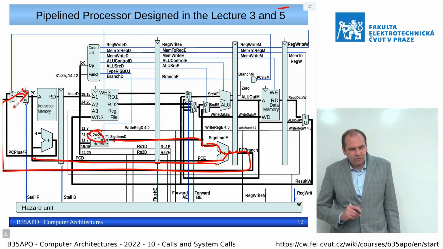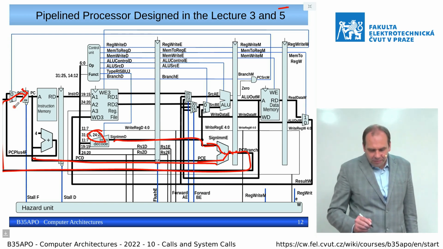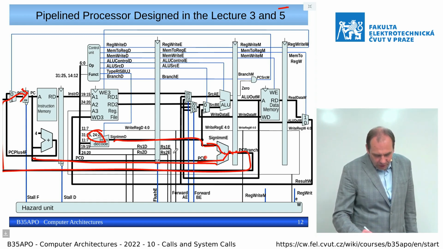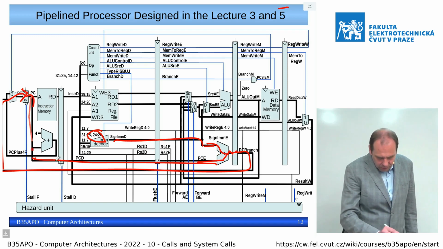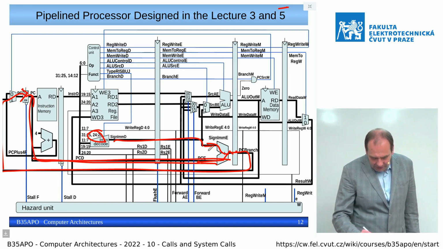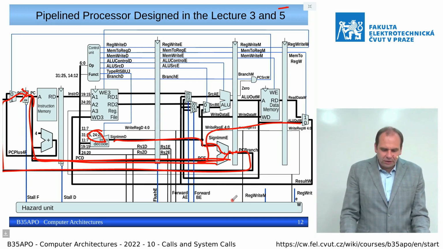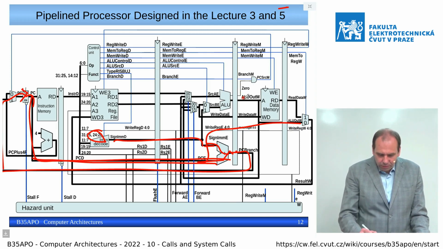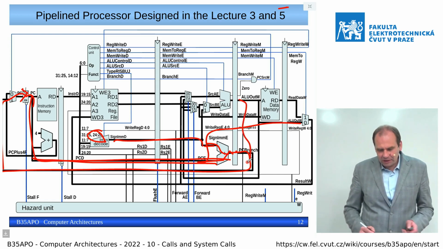But if we do it this way, we are missing an option to store the previous value of the program counter somewhere, because we want to store it into the return address register. And we do not have the option to branch to the address for a jump and link to register, which needs to branch to the address provided by the arithmetic logic unit.